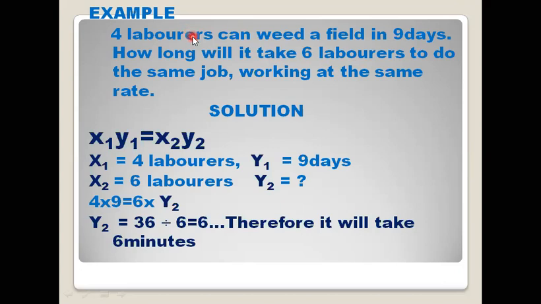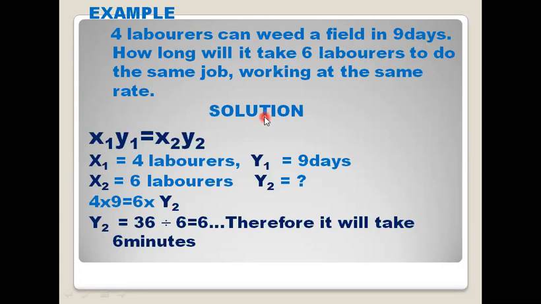The time 4 persons will spend weeding the field will definitely be higher than the time 6 persons will spend. So if you increase the number of laborers, then they will spend less time. So you can see the inverse proportionality: as one variable is increasing, the other variable, which is the time, is decreasing.